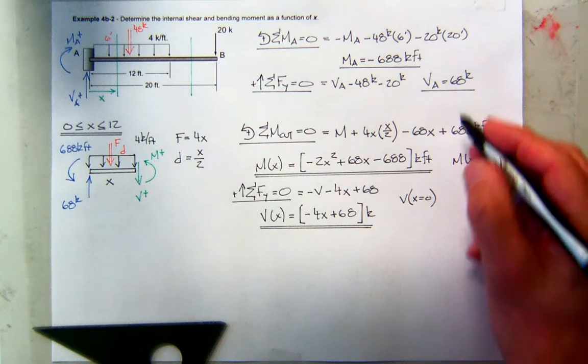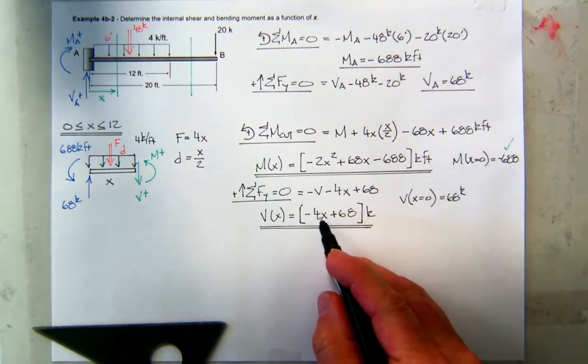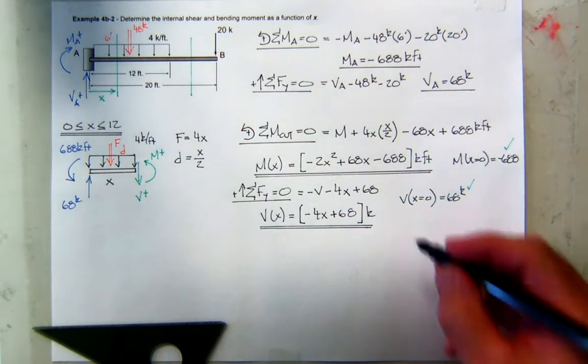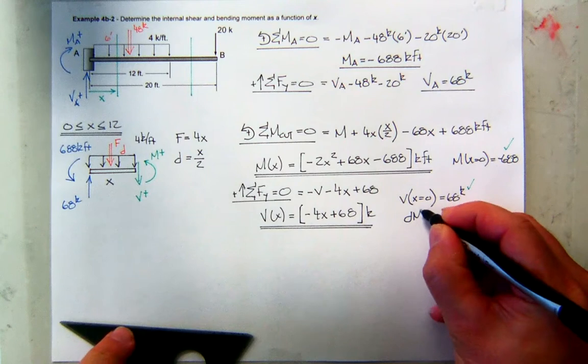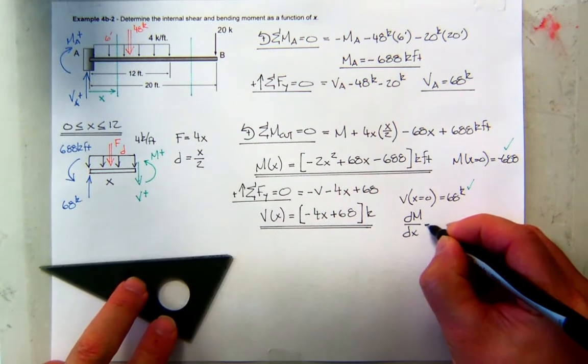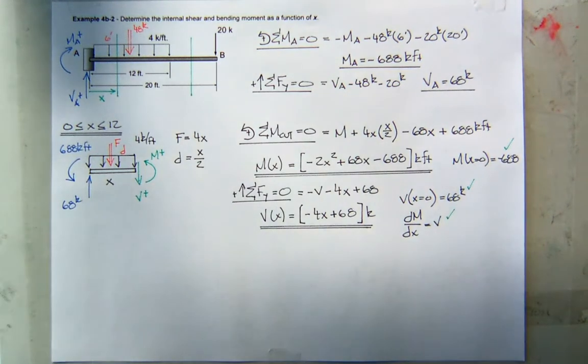It should be 68. And my equation, when I put in x equals 0, hey, 68. And now I've got this kind of secondary check where I can say, hey, is the derivative of the moment with respect to x equal to shear? And it looks like, hey, that works too. So far, so good.